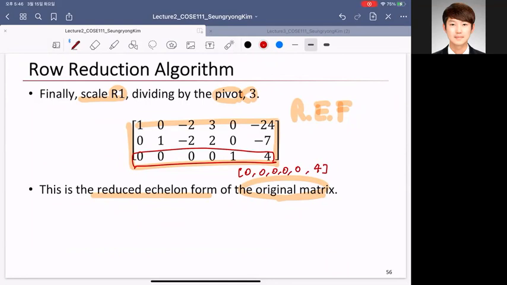Right? But in this case, this last row is not of the form like this because it has other values here. It has a solution.